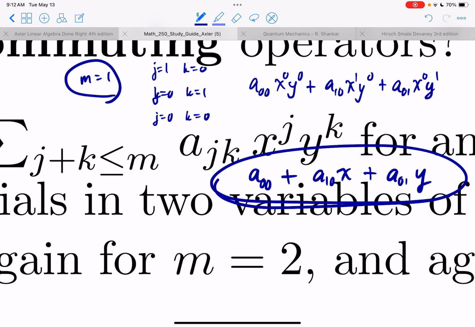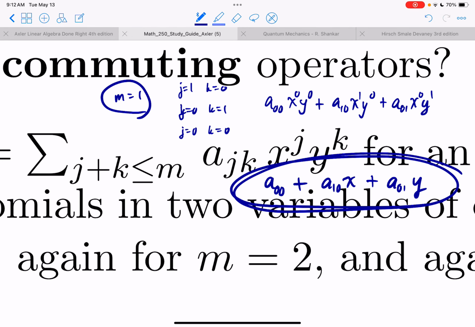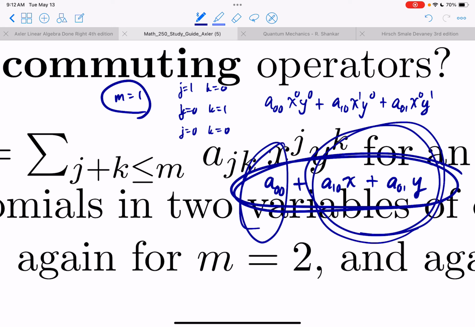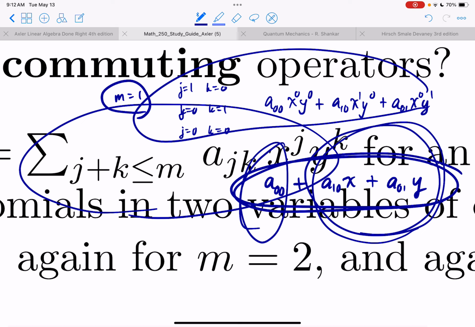And this is really what it is. It's a sum of three terms. The degree is bounded by 1, so we can have a constant term and we can have linear terms in the variables x and y. That's really how to think about this. All of this stuff is just decoding precisely this stuff up here, and this stuff up here is for a computer.